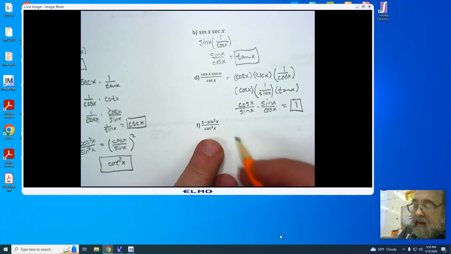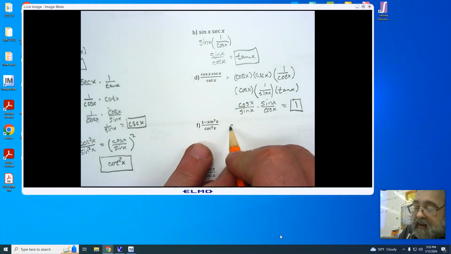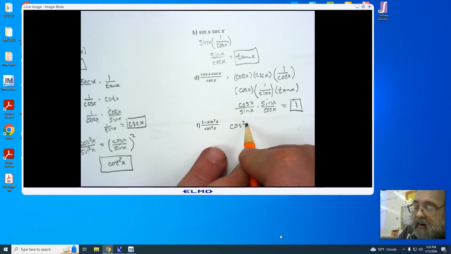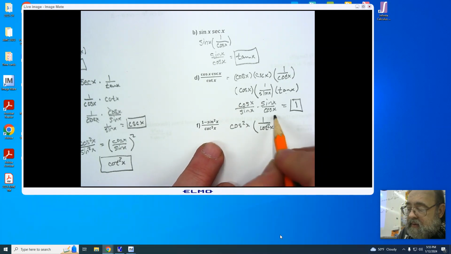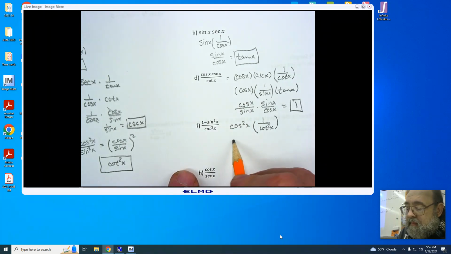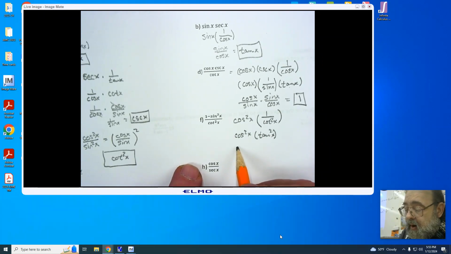Here, we're now going to look at this as our cosine squared of x from the Pythagorean identity. I'm looking at 1 over cotangent squared of x. This is going to give me cosine squared of x times the tangent squared of x. And I'm now going to replace the tangent squared of x.